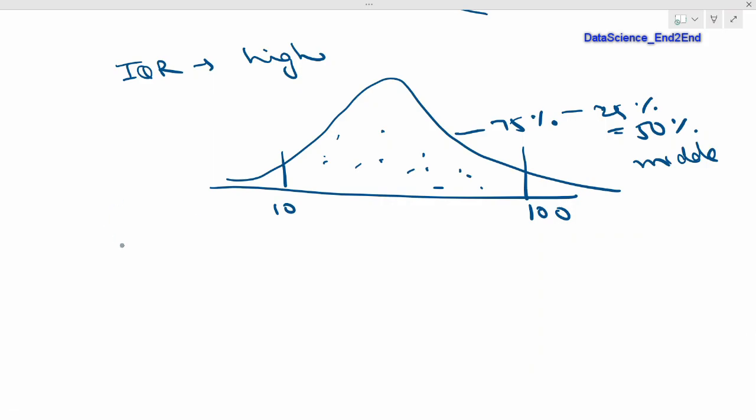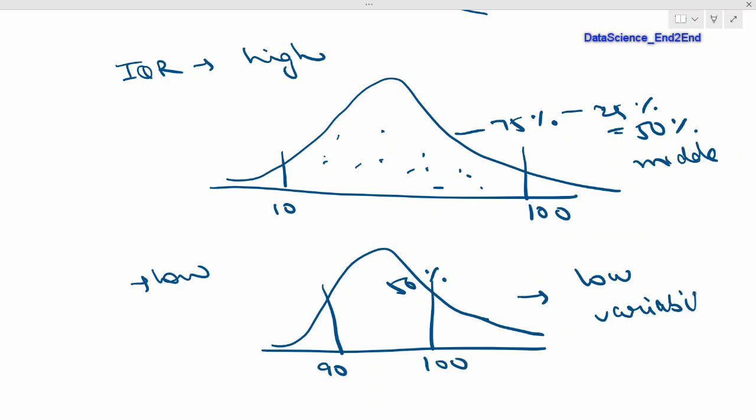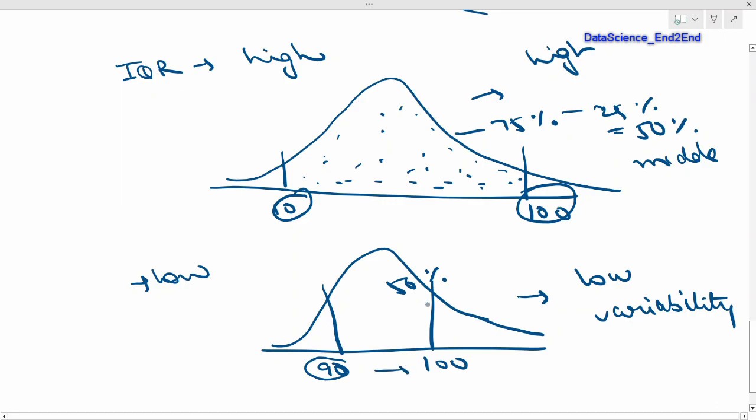While if IQR is low, we will say the middle 50% data is located between 100 and 90. In this case, there is low variability in the data, while in the other case, there is high variability in the data. There is a lot of variation in the data points. It ranges from 10 to 100 for the middle 50% of points, while in this case, it ranges only from 90 to 100. So that's how we are going to interpret interquartile range.